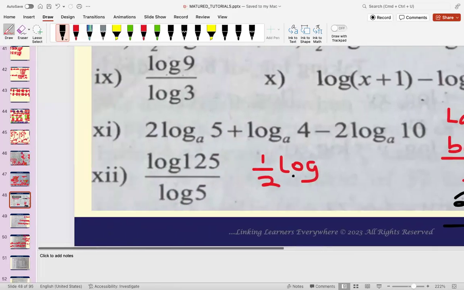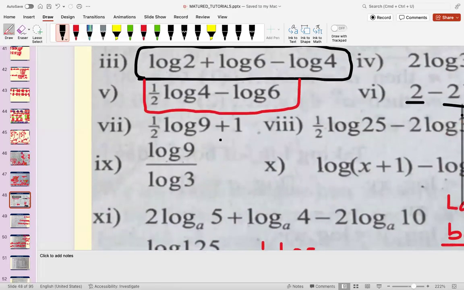All right. So let's look at the next one, which is VII, half log 9 plus 1. Now I have taught you that it is possible to add a real number to a log number. That's one of the things we are learning today.